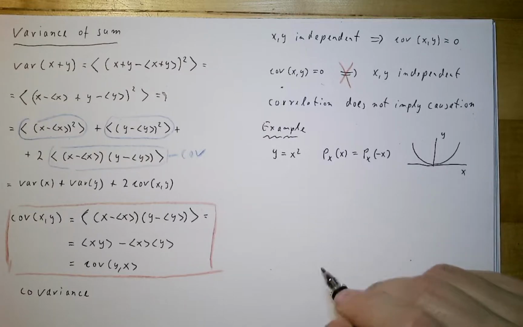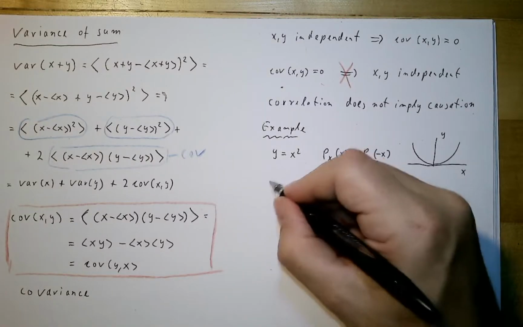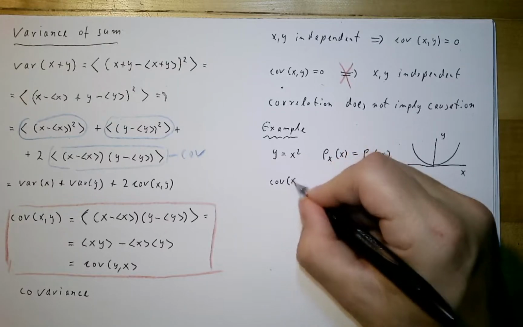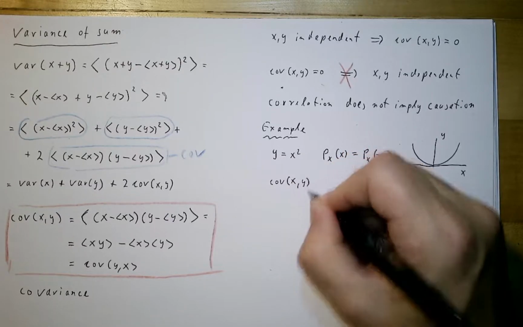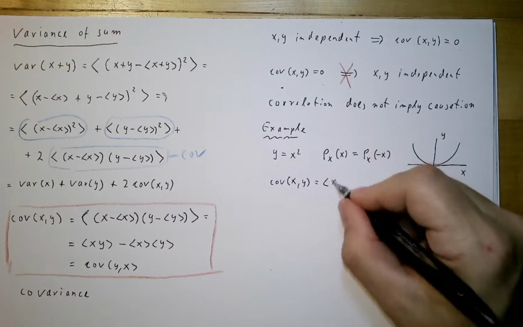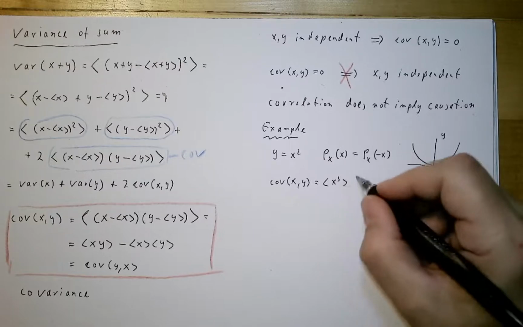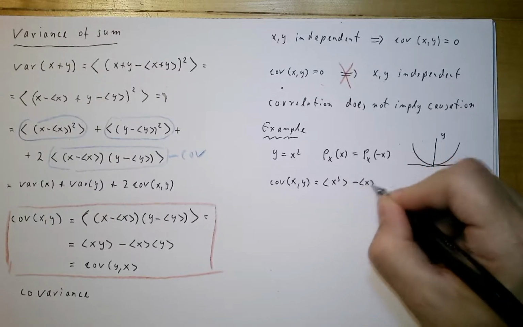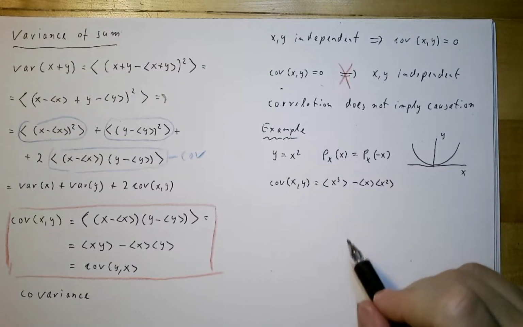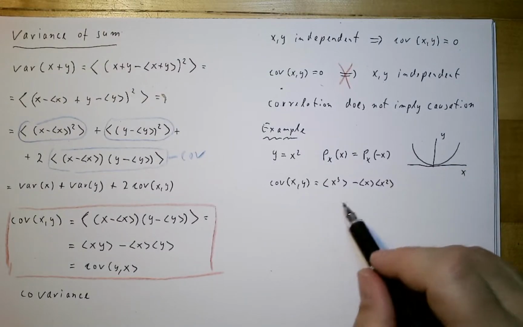the marginal distributions. But if you calculate the covariance of x and y, this would be the expectation of x to the power 3 minus the expectation of x times the expectation of x squared.